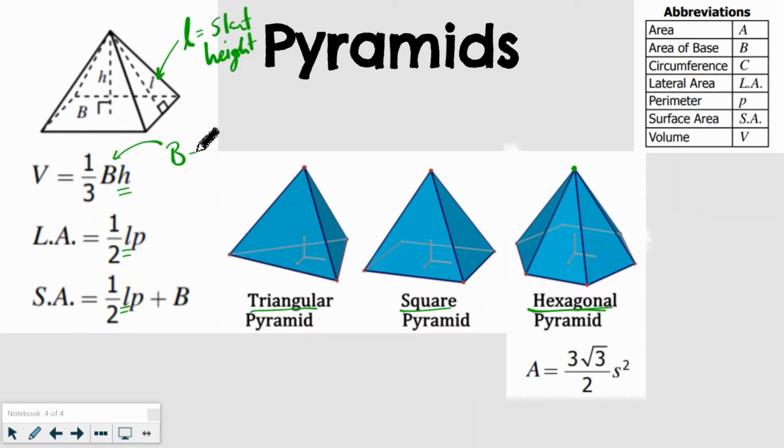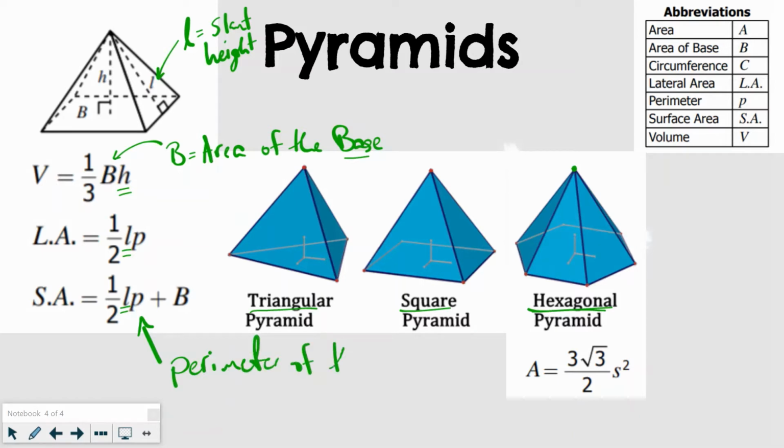That capital B stands for the area of the base, which will change. It depends on what shape you have on the bottom how you're going to find that. This lowercase p also references the base, but we're talking about the perimeter of the base. That just involves adding up the sides of the base.